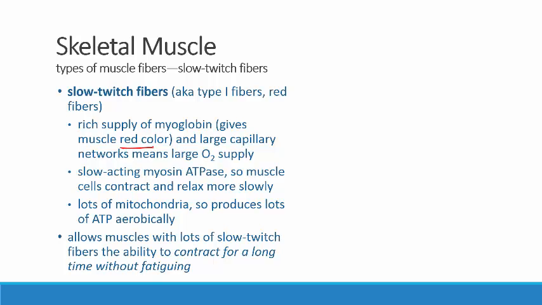These are muscle fibers that are able to contract for long periods of time without fatiguing. So they have significant supplies of ATP because they've got lots of mitochondria and lots of oxygen available. These are the muscle fibers that marathoners are busy training so that they can get lots and lots of long-term exercise.